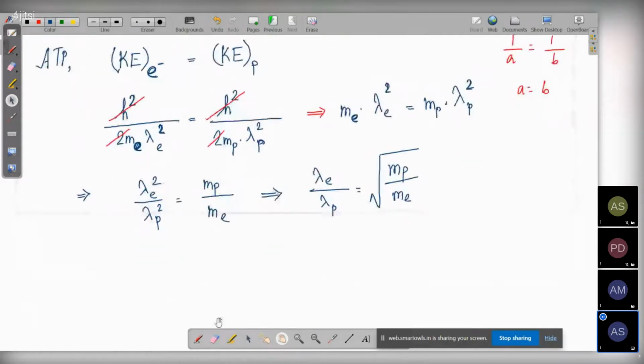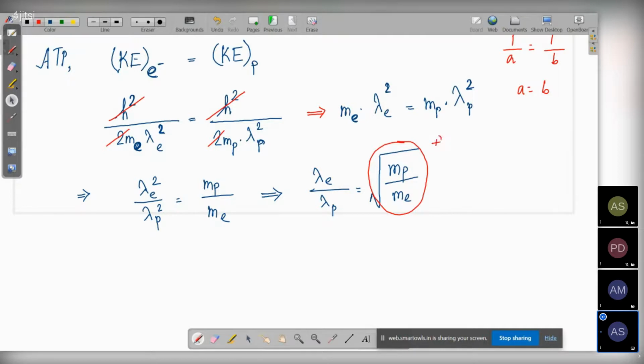Now what did I say? Proton is much heavier than the electron. So whatever the value, this will always be a positive value, because proton is in the numerator and it is much greater than the mass of electron.